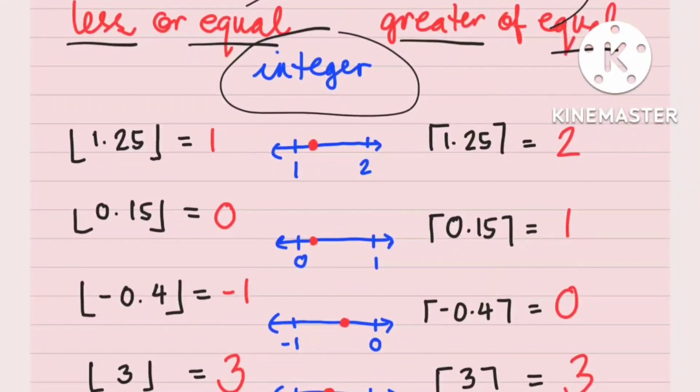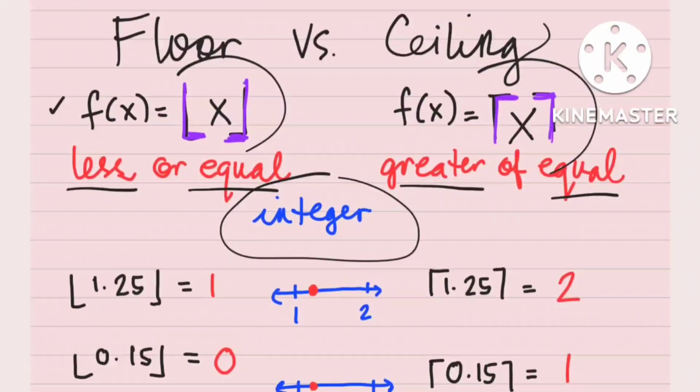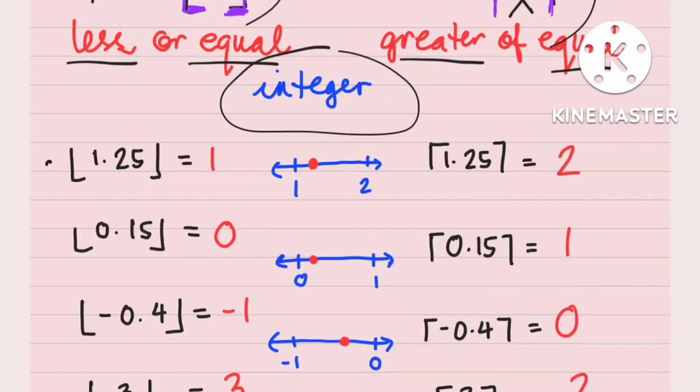For example, what is the floor value of 1.25? So if this is our number line, then the floor value of 1.25 will be 1. 0.15 is here. This will go down to 0.